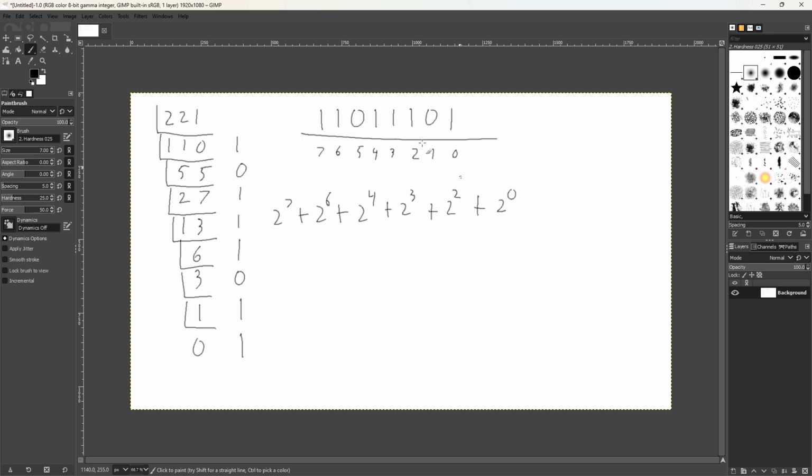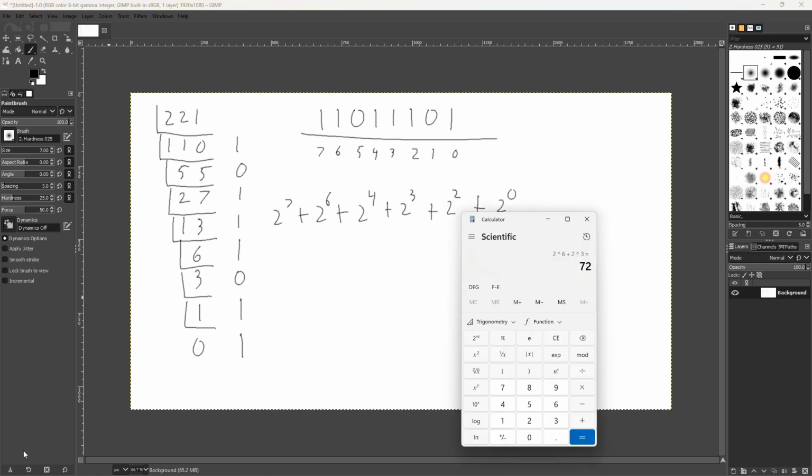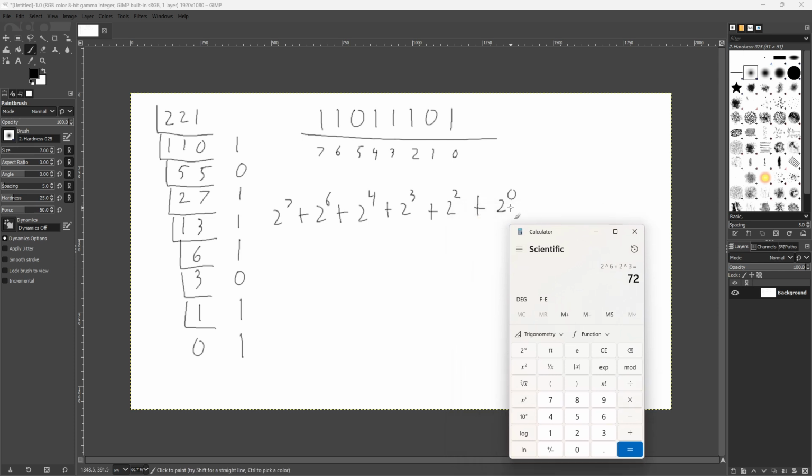And now I can switch over to the calculator and verify that this is going to work. So I have 2 to the 7th plus 2 to the 6th, plus 2 to the 4th, plus 2 to the 3rd, plus 2 to the 2nd, plus 1, 2 to the 0. 221. That is the number that I expect.